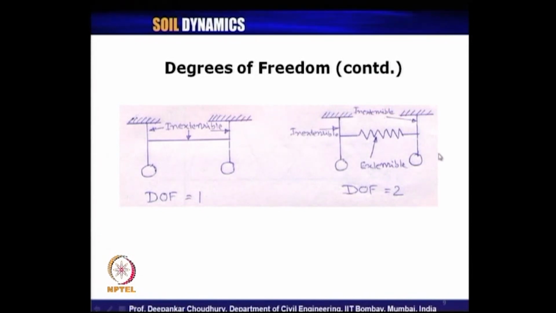Also, we need to know this theta 2, because theta 1 and theta 2 will not necessarily be the same, since in between there is an extensible spring, because of which the spring will either expand or compress. So, theta 1 and theta 2 will be different, and these are the two independent coordinates we require to define the system at any point of time. That is why the degrees of freedom for this problem is 2.